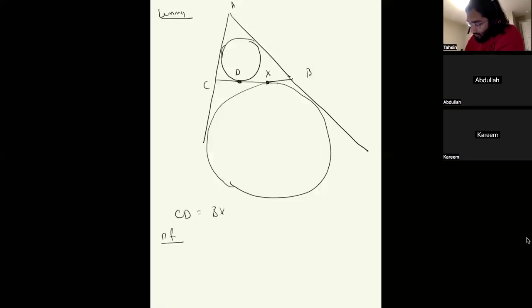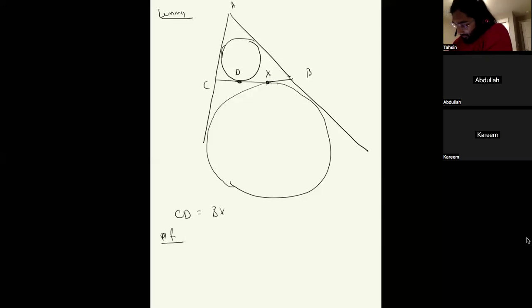So do you know how to prove this? Yeah, so how would we prove this? I actually proved it while studying from Evan Chen's book, I think yesterday. Okay, good.